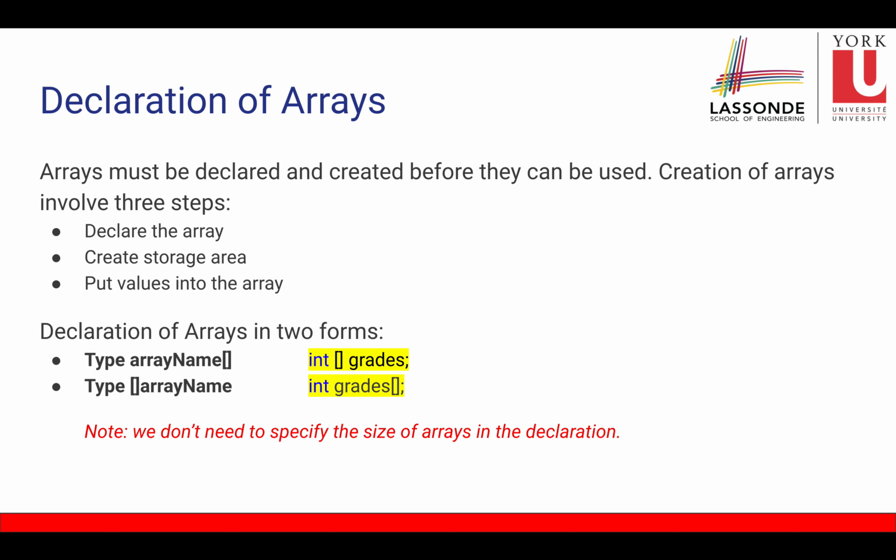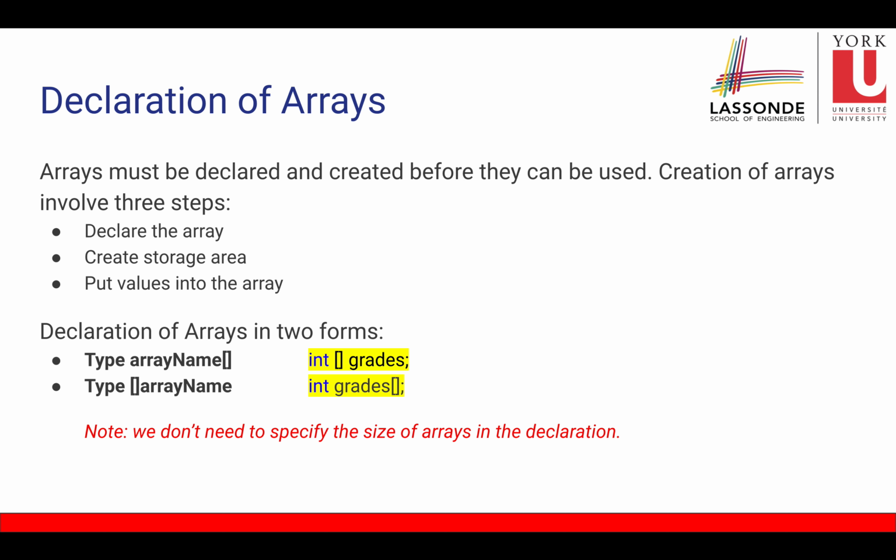Let's see how to declare in 2 forms. The first form is data type, array name, and square brackets. The second form is data type, square brackets, and array name. So the square brackets could be in front of the array name or after the array name.